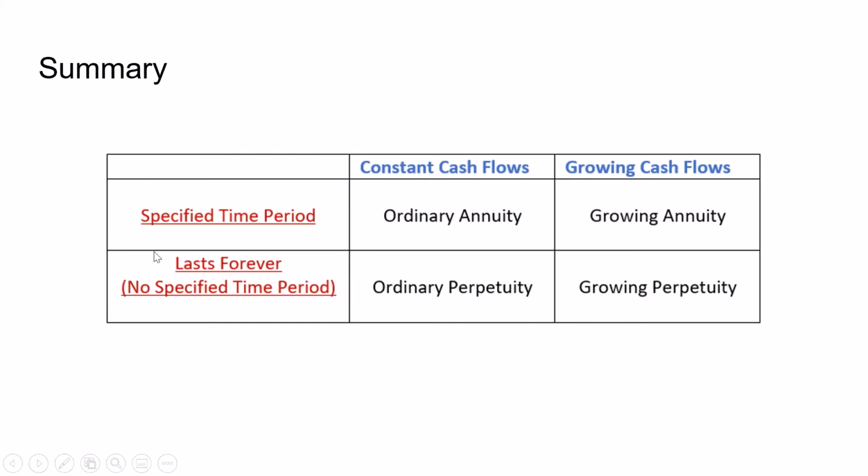If the question does not have a specified time period or mentions that cash flows last forever, we can look at the bottom red underlined row. If the question says it is constant cash flows, we know that this is an ordinary perpetuity. If there are growing cash flows, this would be a growing perpetuity. Recall that out of these four, ordinary annuities are the only ones you can solve with the financial calculator. The other three you have to use their respective formulas.